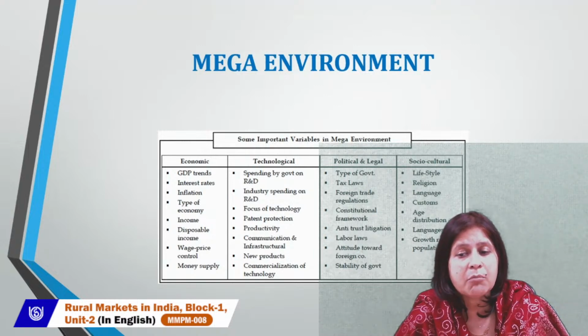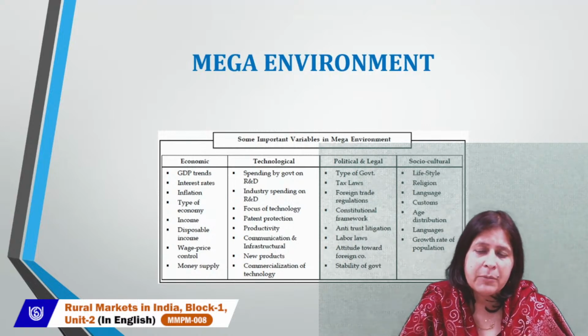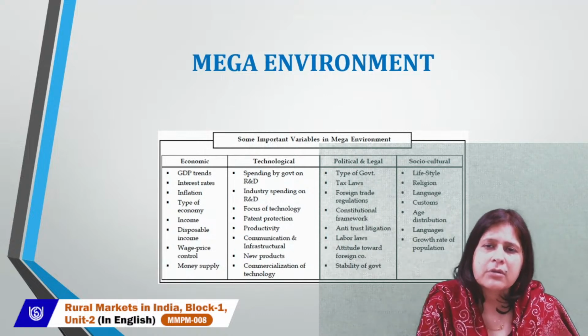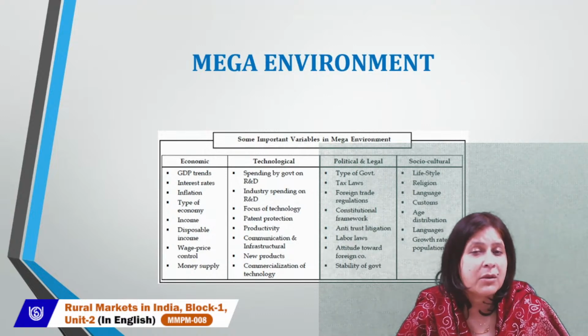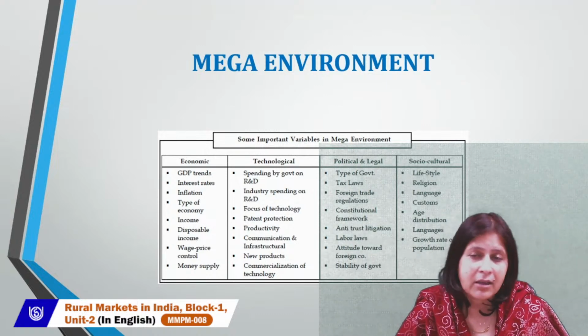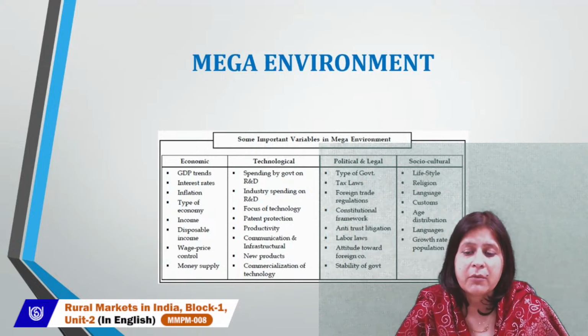Age plays a very important role in the socio-cultural environment, because with age there will be a change in the thinking process or the demands, right? It varies from age to age. Age distribution plays a very important role, right? Again, it is beyond the control of anyone.